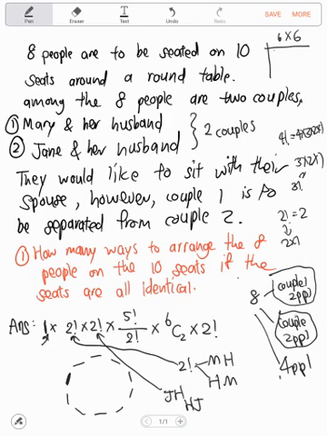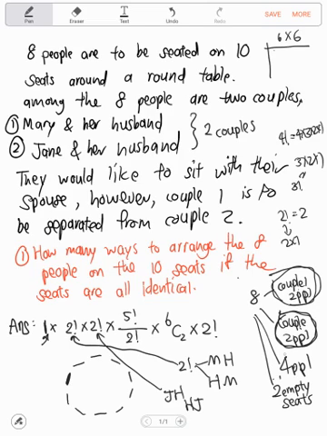So this is 1 unit and this is 1 unit, so that is considered 2 units. And another 4 units of people and 2 empty seats. To understand this question, you further have to understand the separator method. Later I will do some explanation in another video or this video at the very end.